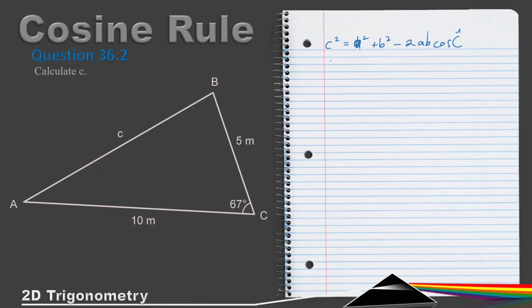Actually, that should be a first, but it doesn't really strictly matter. But let's just do it alphabetically. So c is the square root of a squared plus b squared minus 2ab cos of c. And then we substitute. A is 5, b is 10, cos of c, 67.